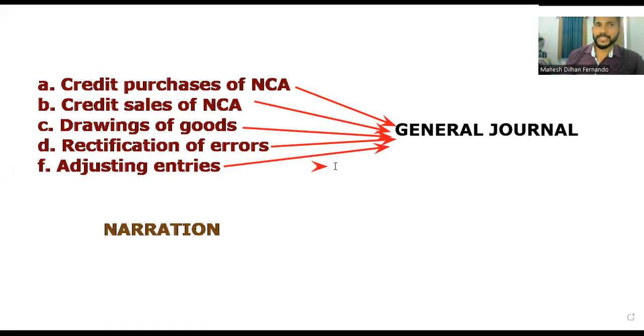In other words, narration is a brief description of these transactions. You say this entry is used to record a credit purchase of a non-current asset, or a credit sale of a non-current asset. To introduce the transaction, you use narration. This is the only primary book that is connected with a narration.